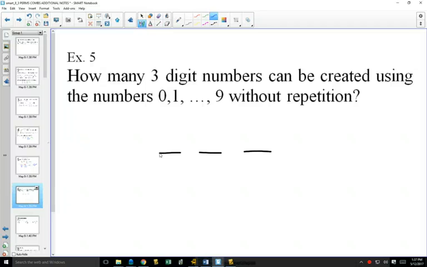Tell me, is the following a 3-digit number? No. Is it a 3-digit number if I put a 0 in front of it? Or is it still 32? So there is a restriction that our first digit can't be a 0. Because otherwise, if you put a 0 first, really, that's a 2-digit number.